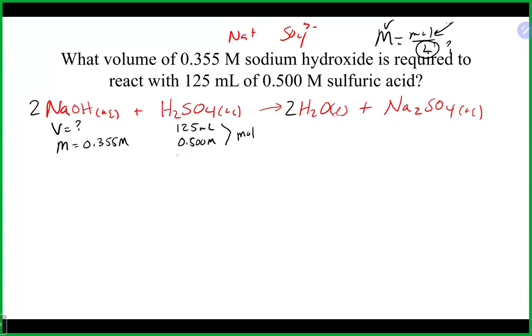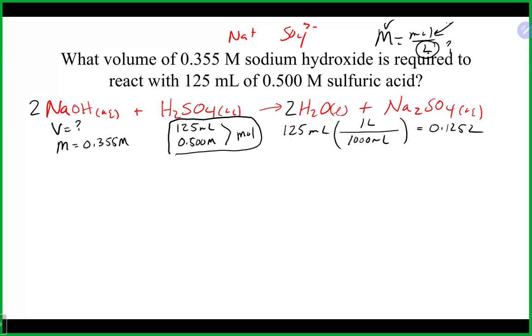The only way we could do that is to start with what we could get to moles from, and that is the sulfuric acid. So we're going to convert our volume into liters, which it always needs to be when we are dealing with molarity. And that will give us 0.125 liters.